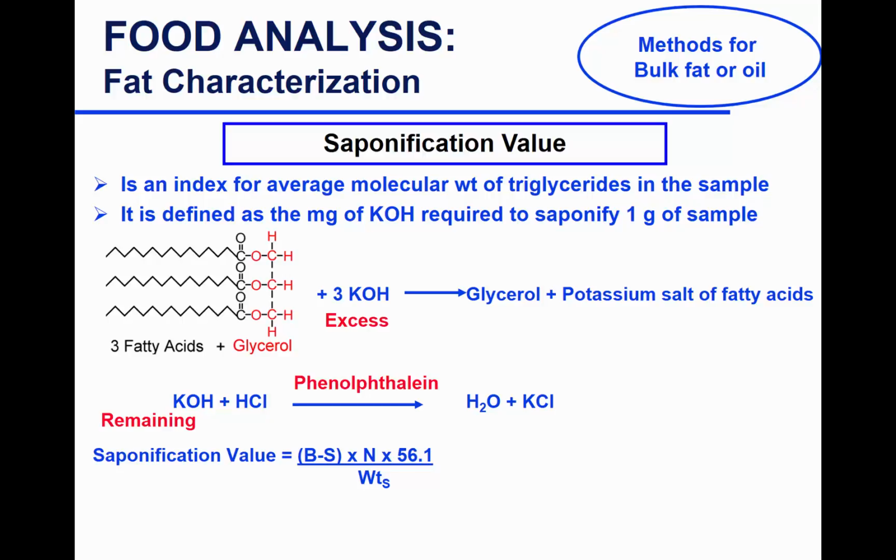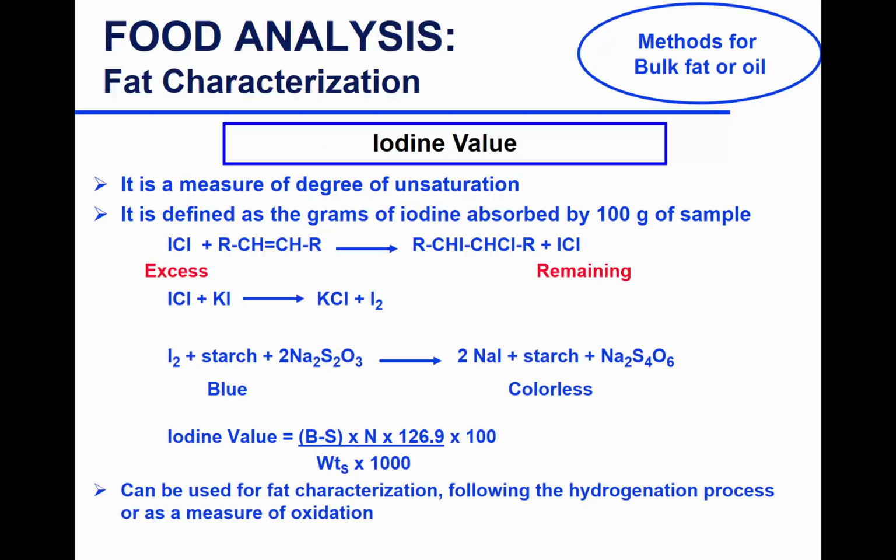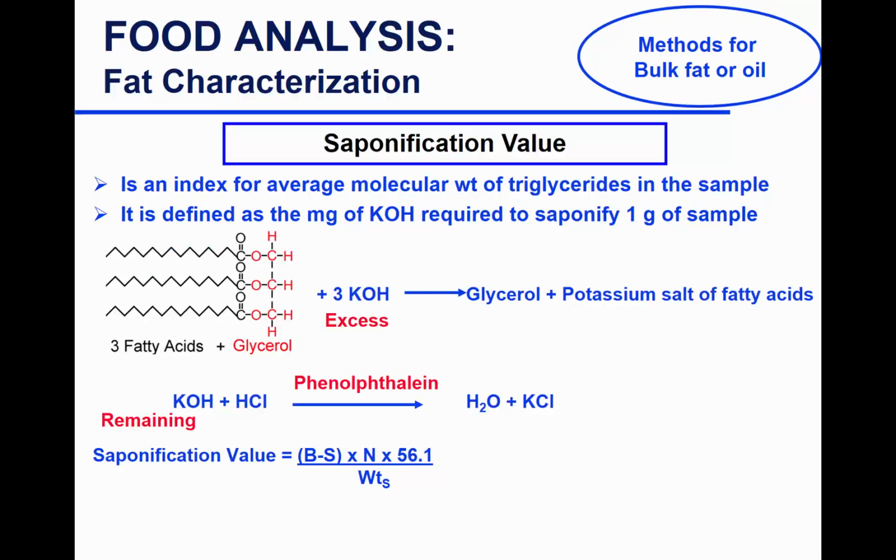Since it's milligram per gram, you'll notice here it's the same equation, but you do not convert to liter. You do not divide by 1,000, and you do not multiply by 100, because it's in a gram, not in 100 grams. So it's basically the same equation. Here it's the molecular weight of KOH.